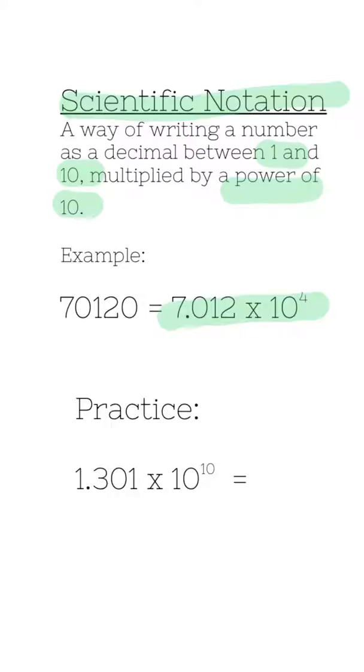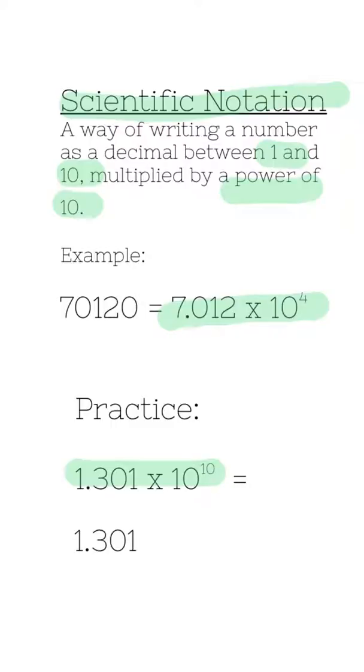If I have a number in scientific notation, I can just move the decimal the number of places that the power shows, to the right to get the standard form.